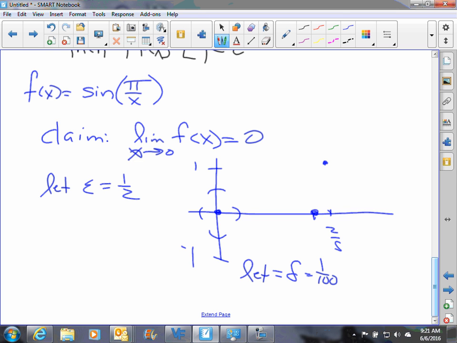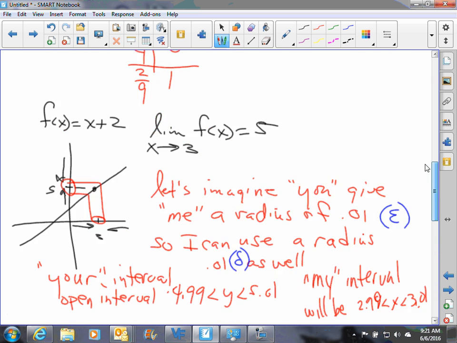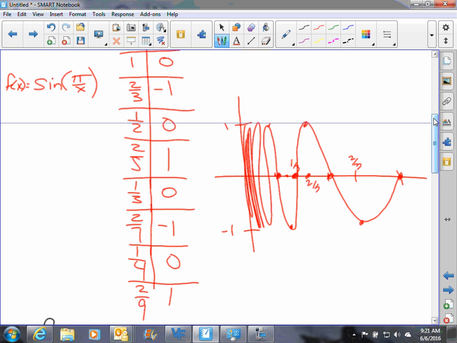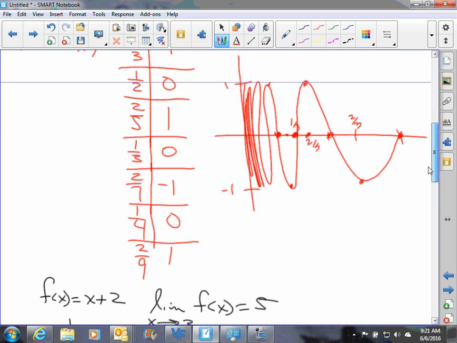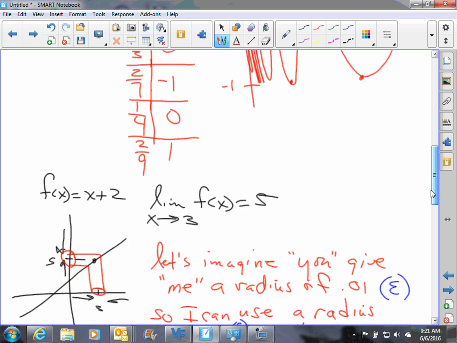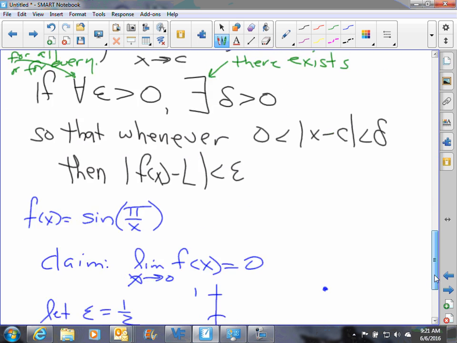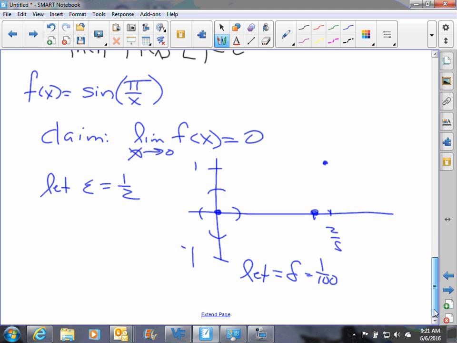But if you look back at this chart here, if you look at the values where f of x is 1, it's 2/5, 2/7, 2/9, and so that would continue on 2/11, 2/13, 2/15, and so forth.